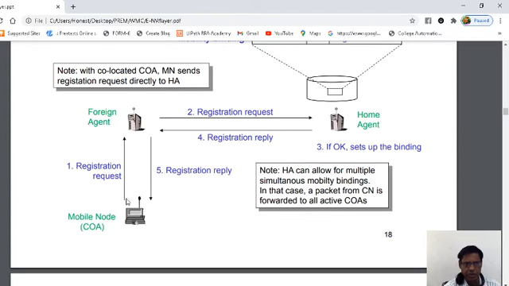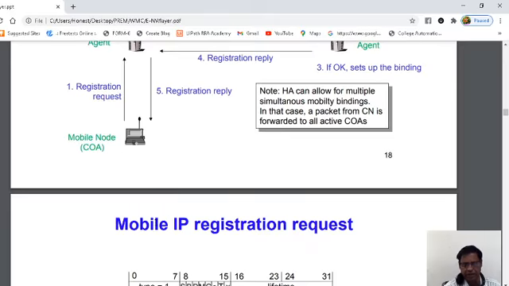So here there are five steps: mobile registration, foreign agent, registration request to the home agent, the home agent's registration reply, and the reply to the mobile node's care-of address.